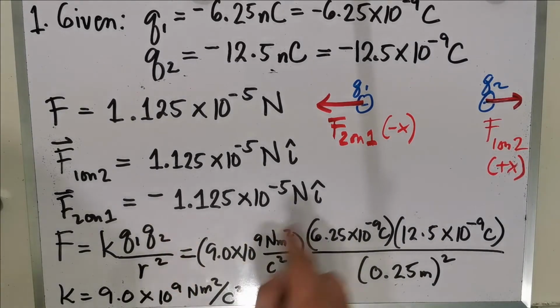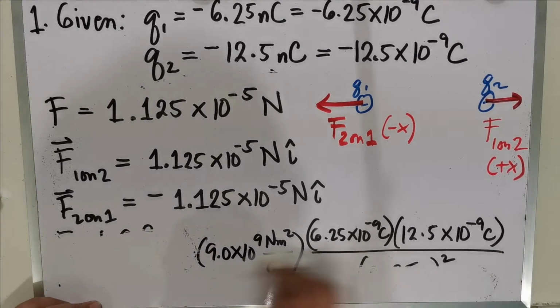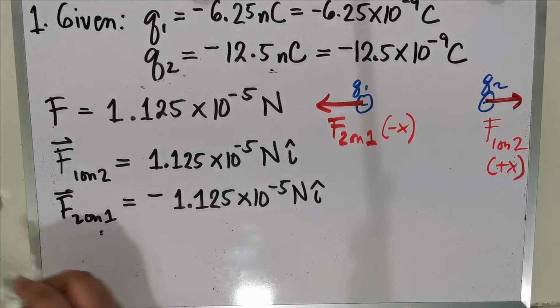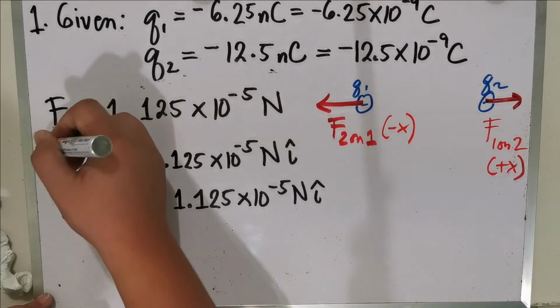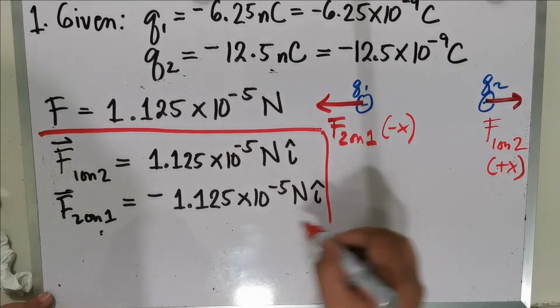So negative I hat ang direction sa isa ka force, kay repulsive man ang duha ka forces. So padulong opposite ang ilahang direction. So this is now the answer for letter A.